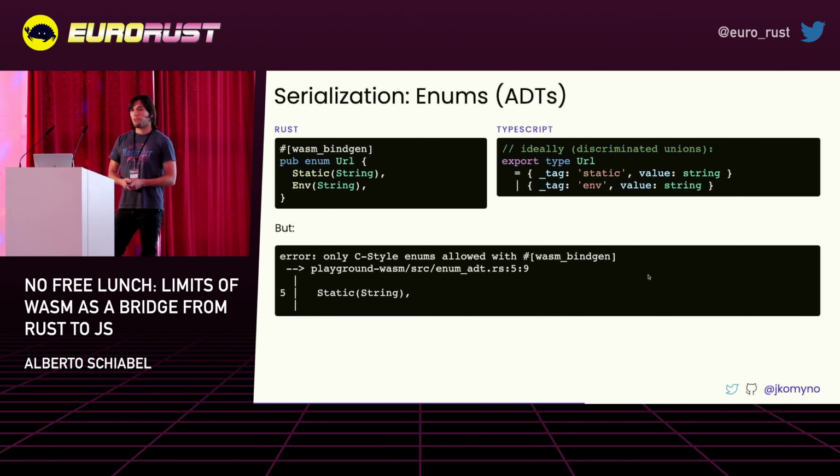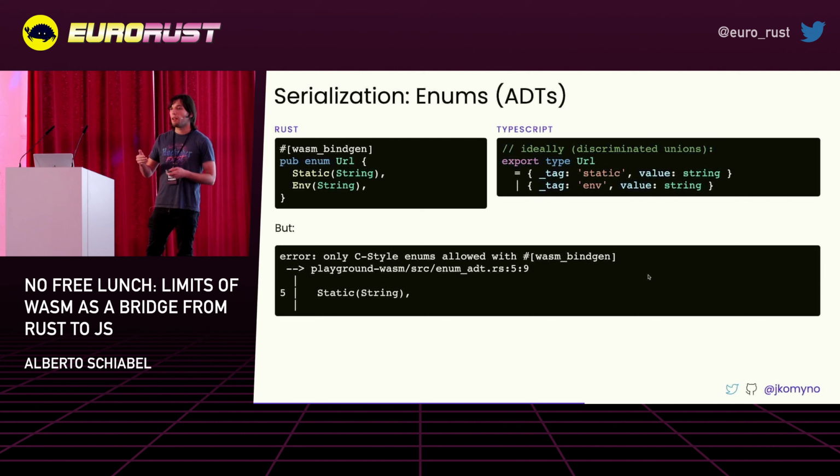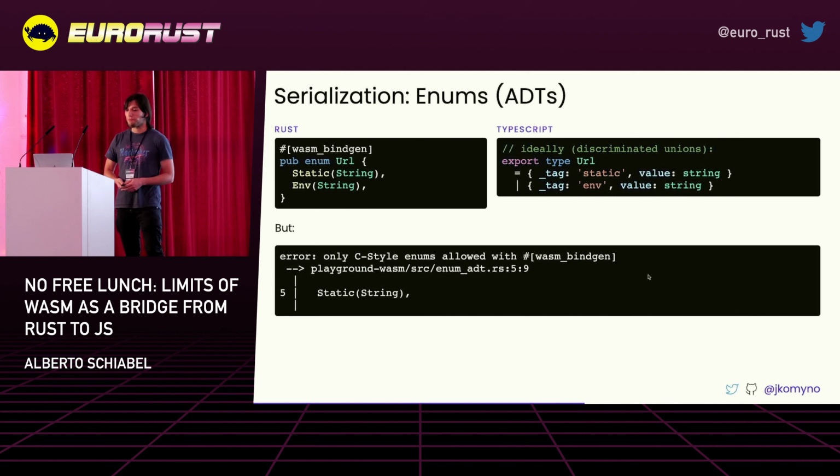Ideally, we would like to map it to discriminated unions in TypeScript. We have a tag that tells us the name of the constructor, and then a value that holds the actual value that we want to represent. This is a pretty handy representation because we can then pattern match in JavaScript land depending on the tag property, so depending on the type of URL that we want to represent.